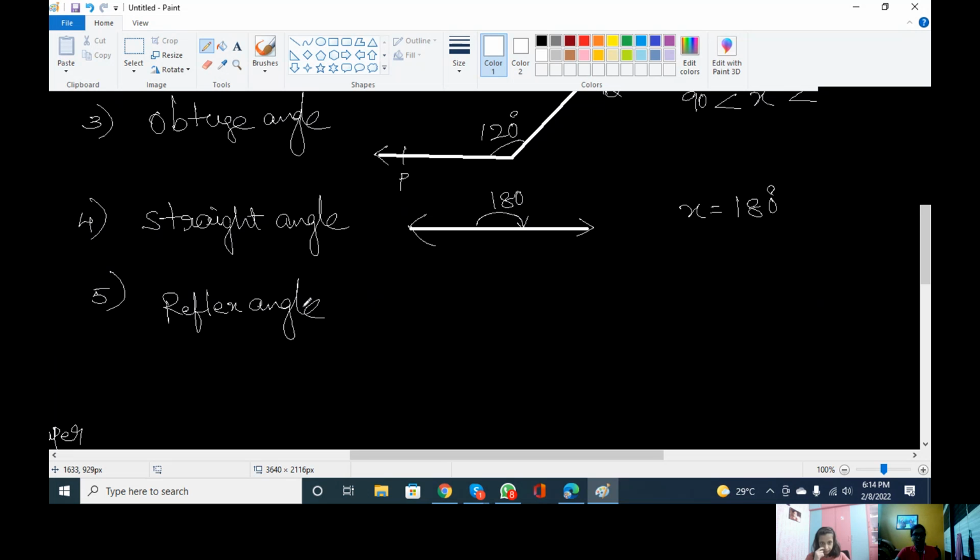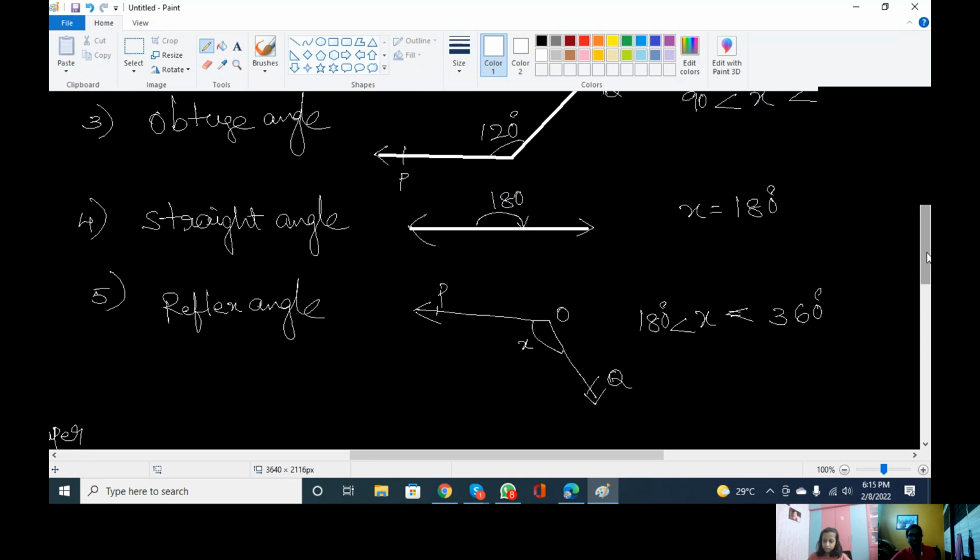An angle whose measure is more than 180 degrees and less than 360 degrees is called a reflex angle. A reflex angle will be like this. So a reflex angle is more than 180 degrees and less than 360 degrees.